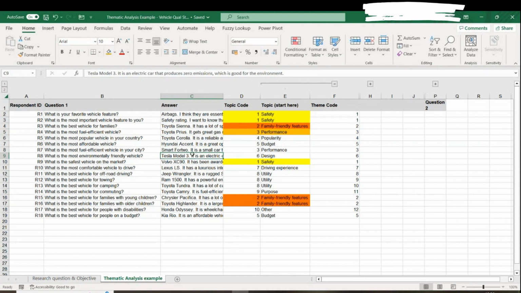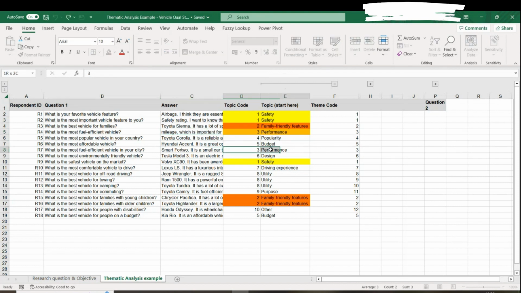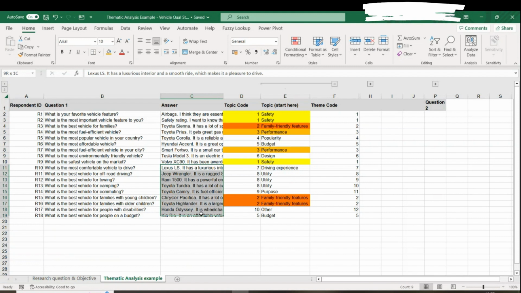But what's similar is that they both said it's great on fuel efficiency, and obviously that's performance. Then you're also going to code that as that. And then you go back and check if there are any number 3s within your data. If you don't find them, you go back to the next respondent, which is number 5.